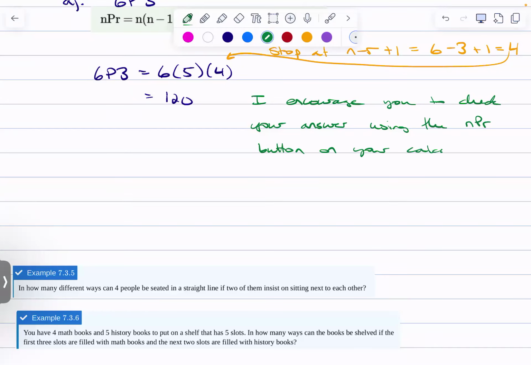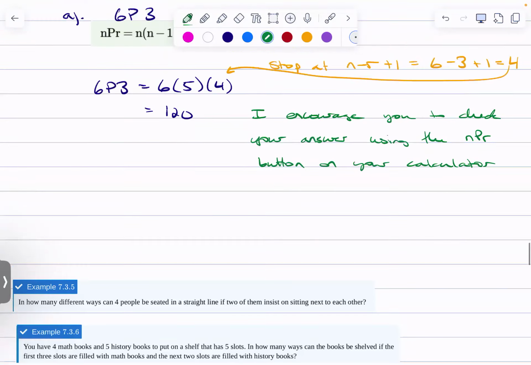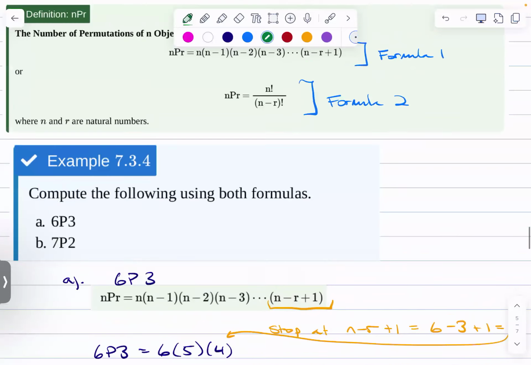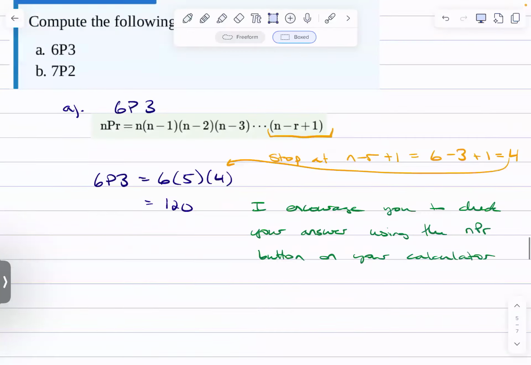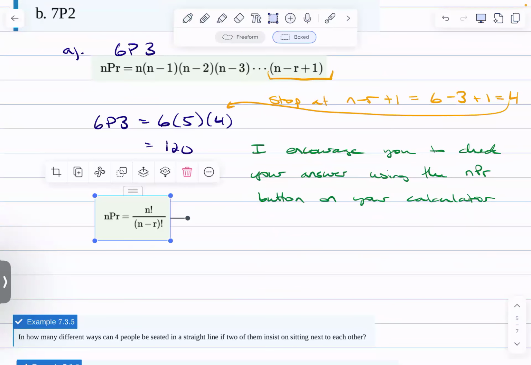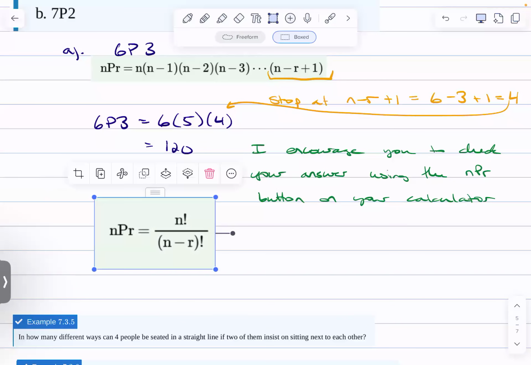Because all the calculators are different, sometimes you have to put the n in and then hit the button. Sometimes you hit the button and put the n and the r in together. So it depends. Get to know your calculator, I guess is what I'm saying. And I'm happy to show you after class.